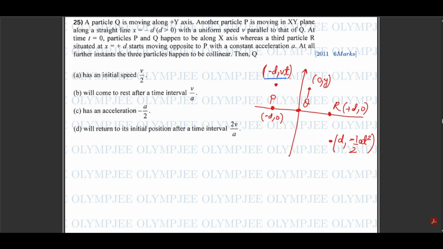So these are the three coordinates of the particles at any random time t, and it is given that these 3 points are collinear. So we know that when 3 points are collinear, the area will be 0. So we can calculate the area by the area of triangle formula. I'm using the shoelace formula.